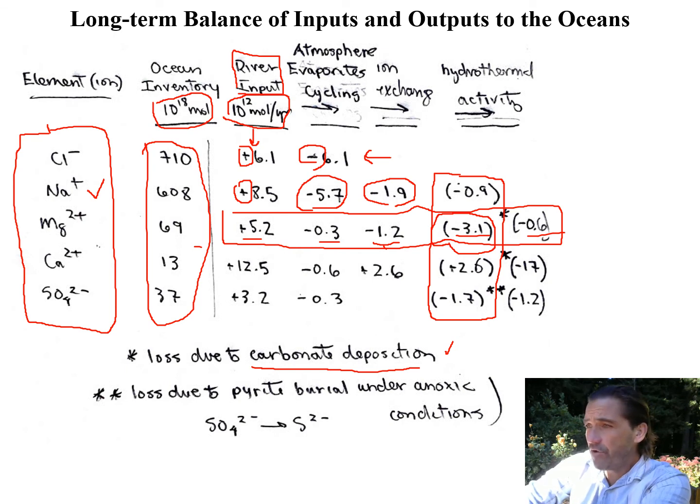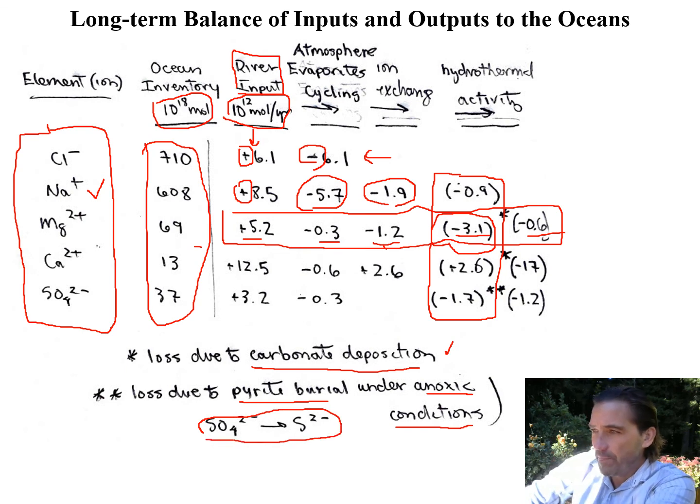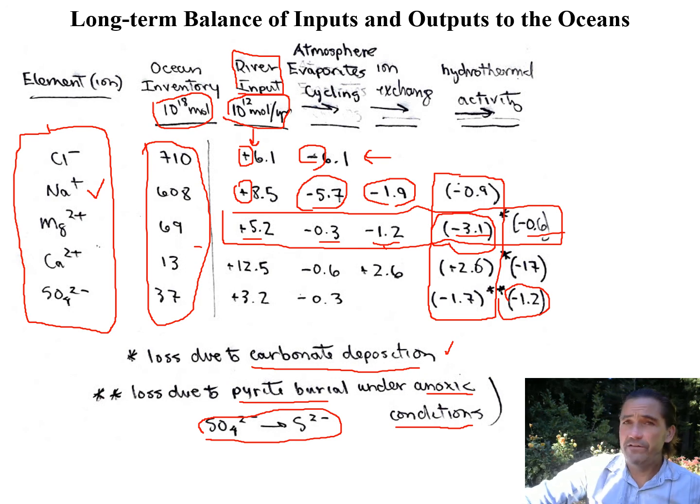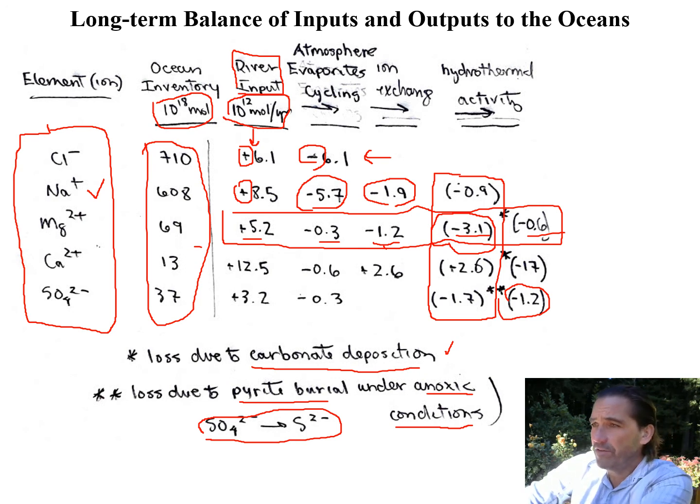And in terms of sulfur cycling, it depends upon the redox conditions, such that if we get anoxic conditions, sulfate, for example, can be turned to sulfide, and that plays a role in balancing the sulfate concentrations within the oceans.